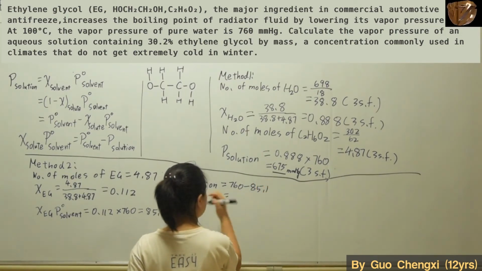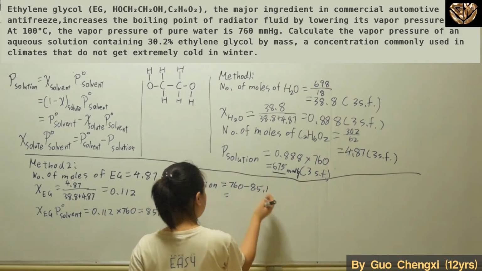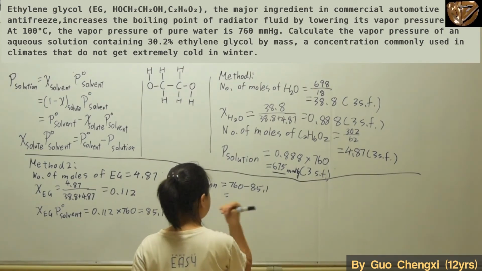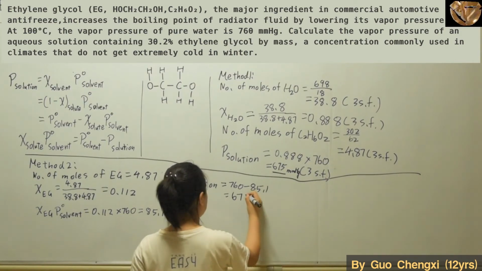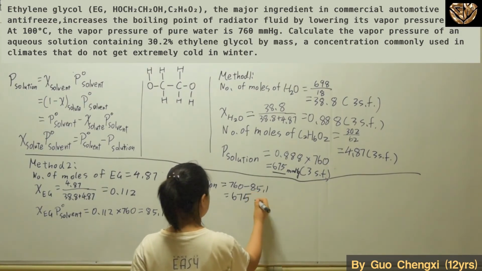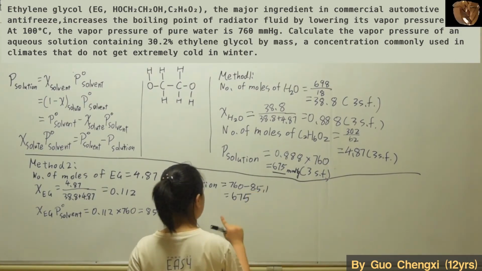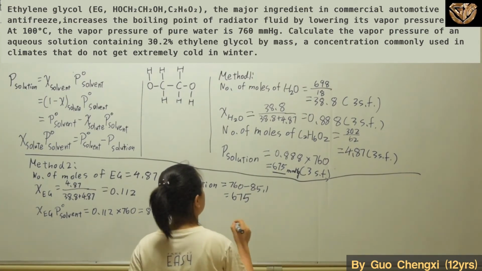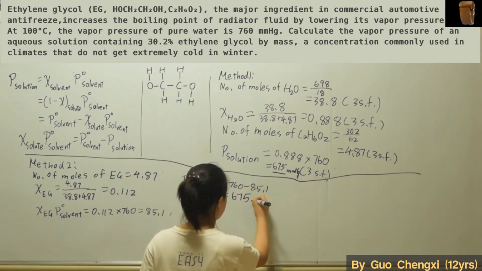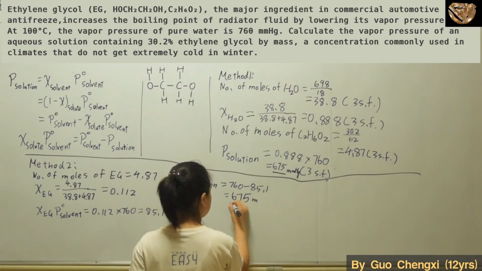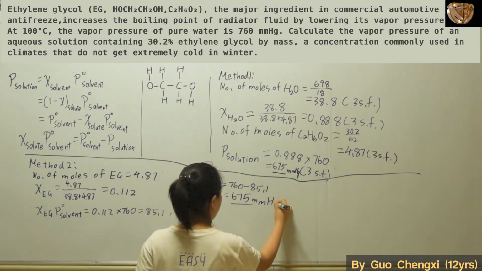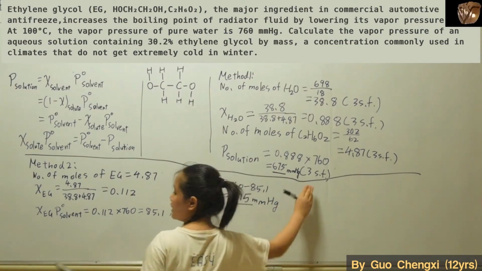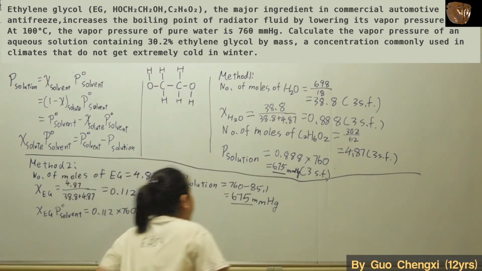If you calculate it, what you get here is 674.9, but since we need 3 significant figures, we'll have to round up. So you'll get 675 mercury height, and you'll find that it is the same as the one that we got from method 1.